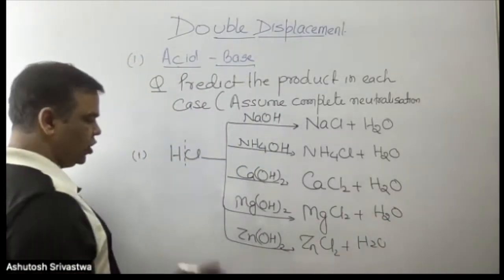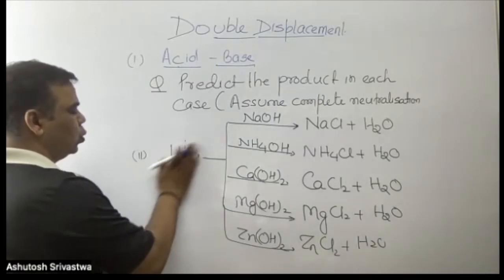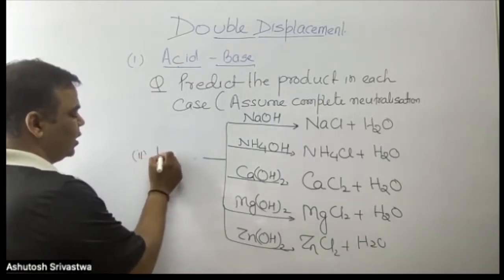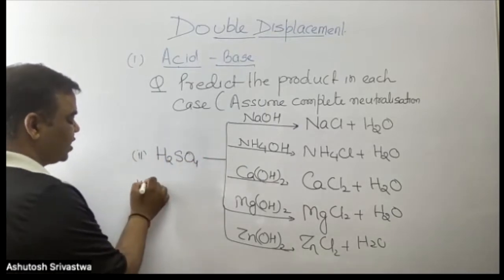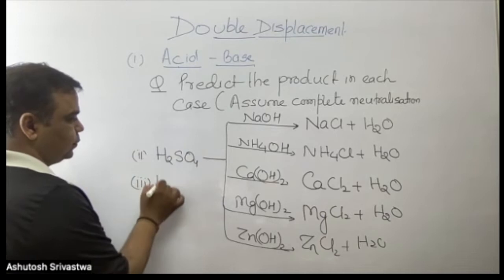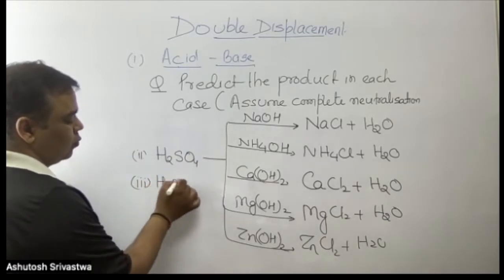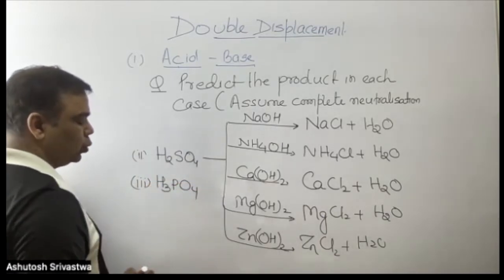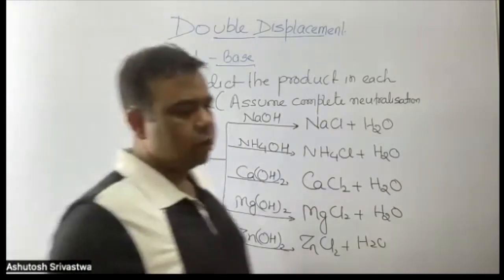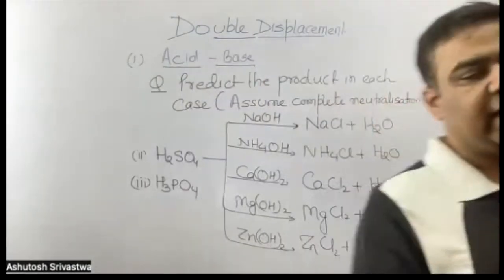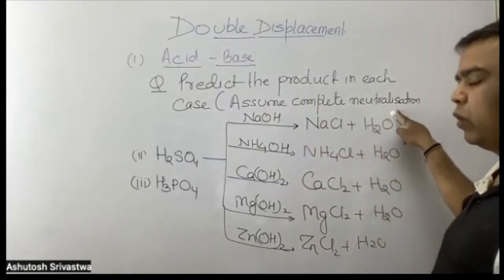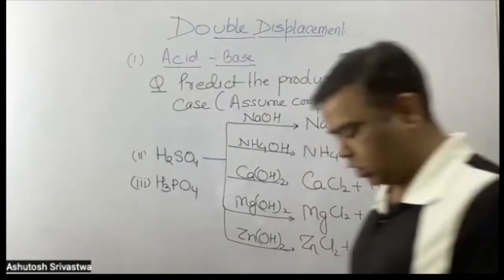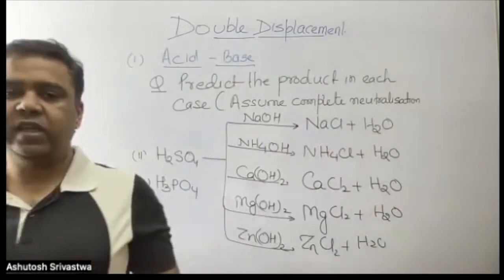Now let me change to another acid, H2SO4, and again try this with H3PO4. Don't think that any H is being left, because complete neutralization means all the H must be consumed. Do it fast, very easy.